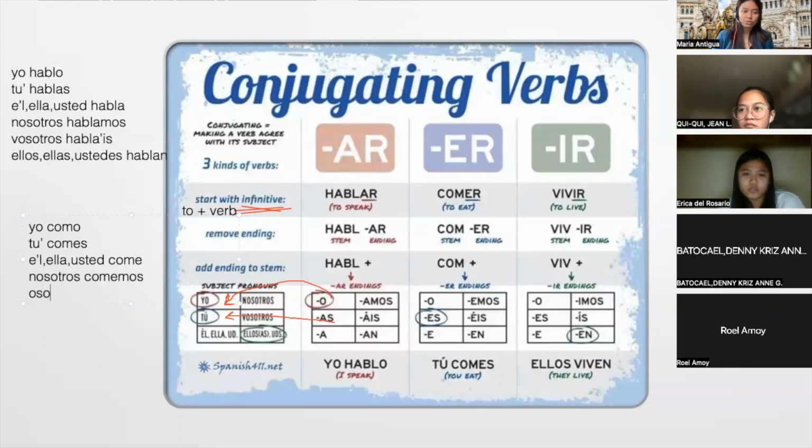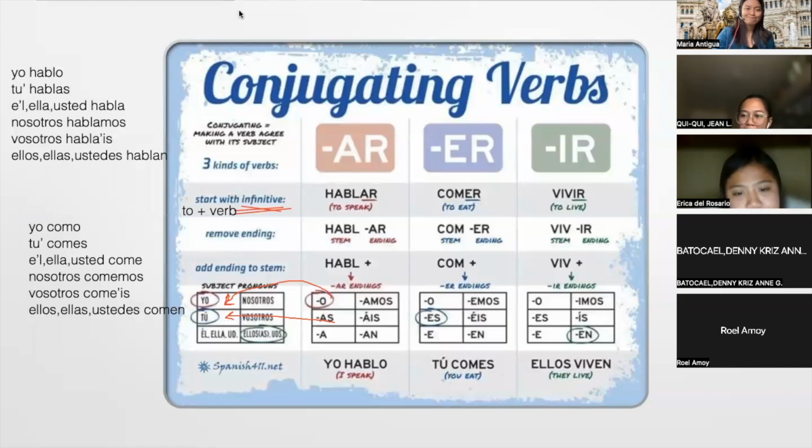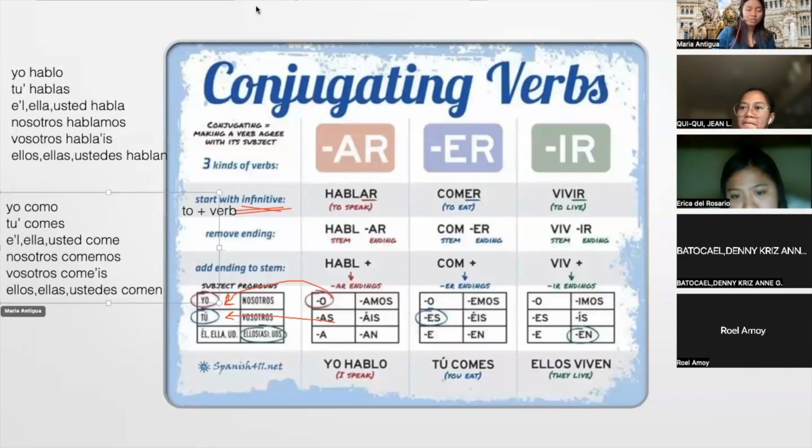Vosotros coméis. Ellos, ellas, ustedes comen. Okay. Good. Muy bien.